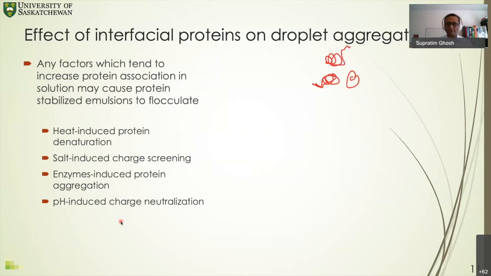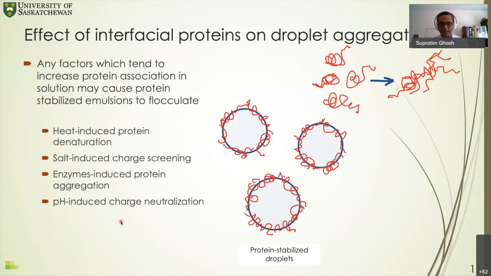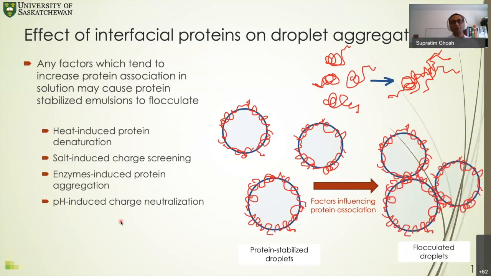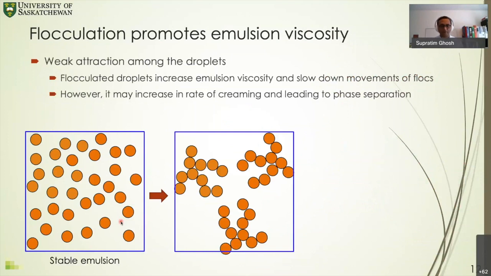Now, all these factors that lead to protein aggregation, if the proteins are present on the oil droplet surface, and you induce a factor that influences protein association, the droplets will also aggregate. And this is the basis of forming structure in emulsion. So if you have a stable emulsion, you induce some attractive interactions and the droplets become flocculated.